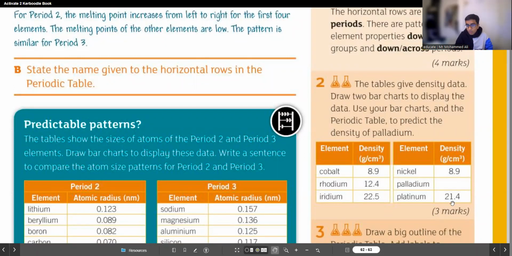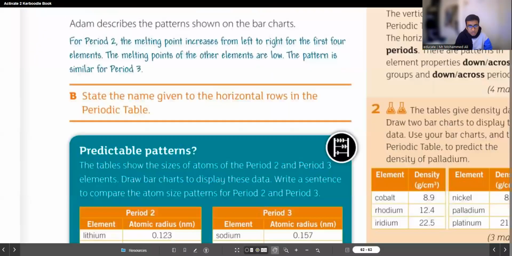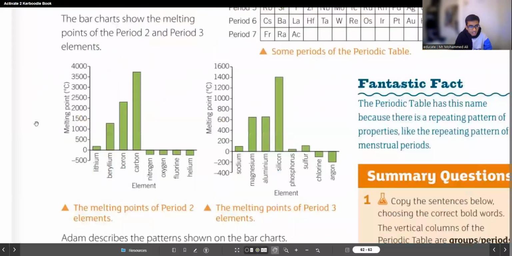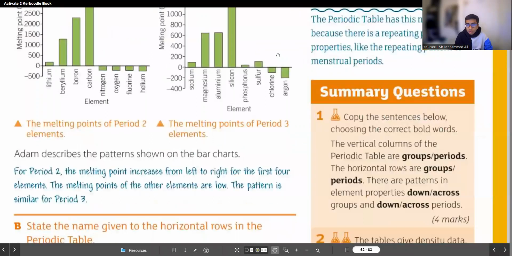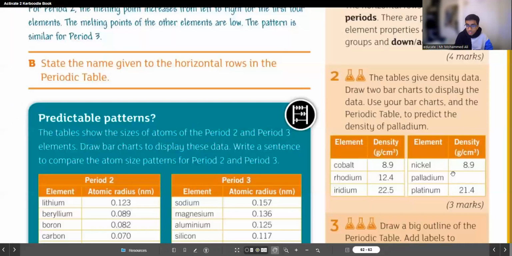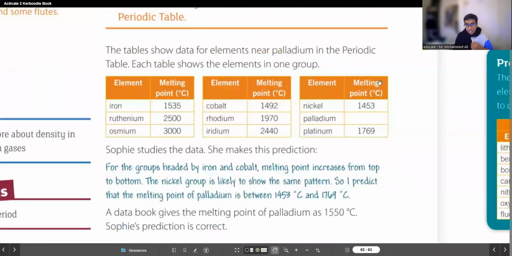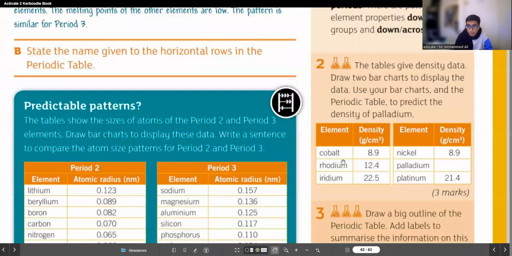These are two tables, and you have to make them into a bar chart, into this sort of diagram. Then use your bar chart and the periodic table to predict the density of palladium. We did go through this question earlier already. It's not exactly the same, but it's similar, so you can use that answer to help with this question.